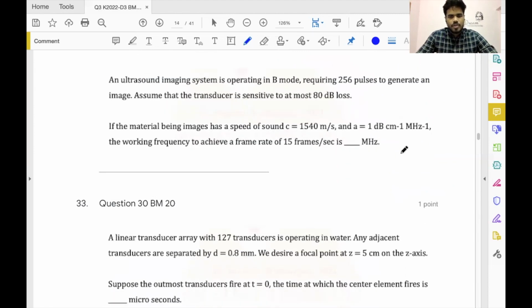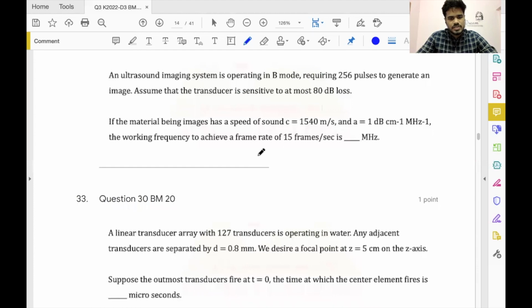Ultrasound imaging operating in B mode requiring 256 pulses to generate the image. Okay, the material being imaged is given. So we have to connect a couple of things: penetration depth, decibel loss to penetration depth to frame rate. Does anyone remember the final relation between the things given here?